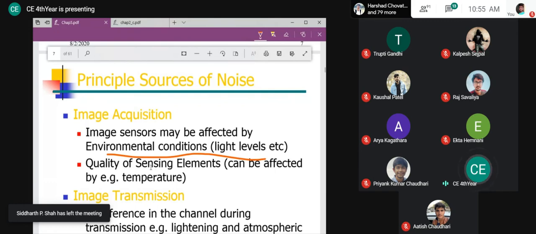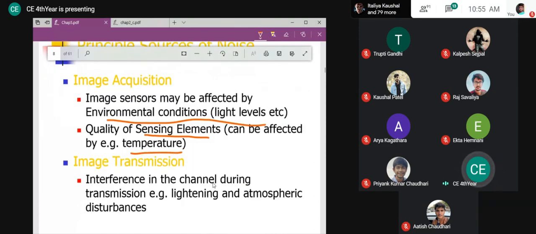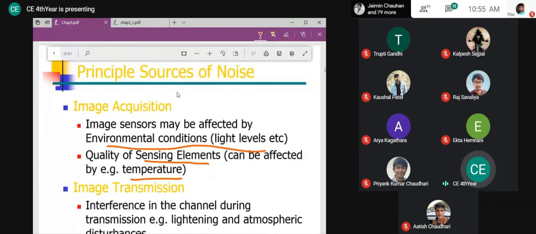Same way, the quality of sensing elements and the surroundings of the sensing element. If there is a temperature or any other change, then electron drift will occur, and hence electric signals will be generated, which can create trouble in the voltages generated for your image intensity. So those are the principal sources of noise during image acquisition, when you are acquiring the image.